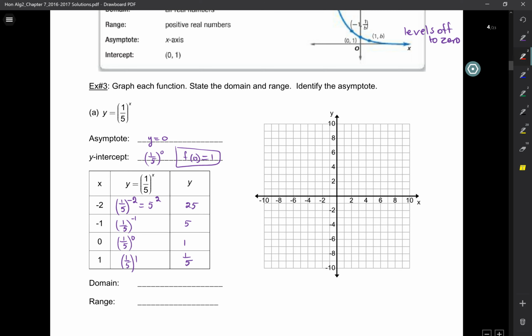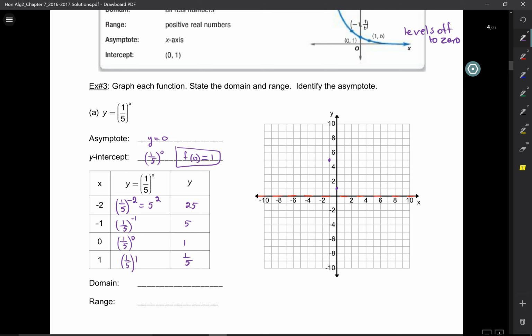So here we have the asymptote. And we have -2 is 25. I don't need to graph that one because it's too high. -1 is 5. 0 is 1.